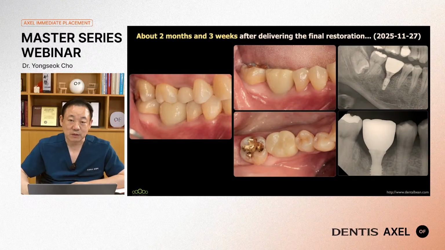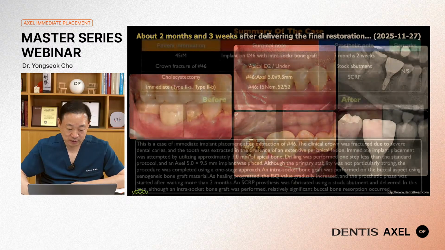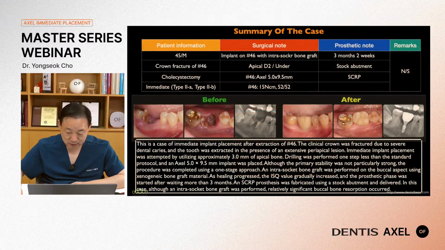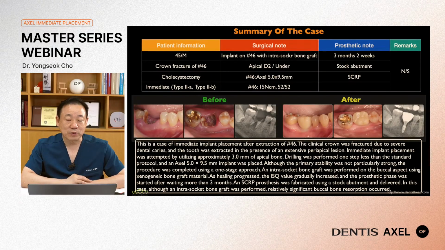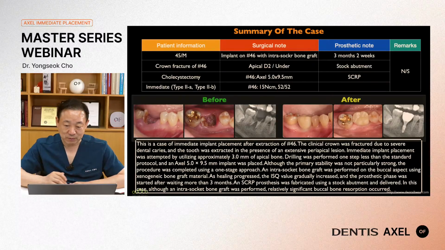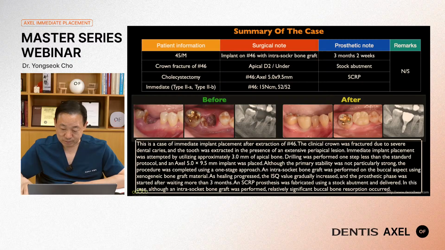Acceptable soft tissue condition and hard tissue condition you can see. Slight buccal bone resorption occurred even though I grafted the bone at the buccal side, but clinically it is an acceptable situation.